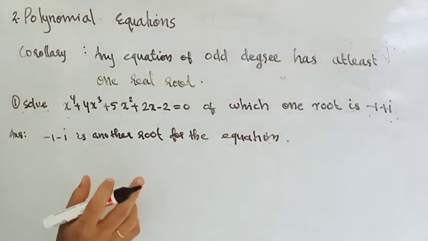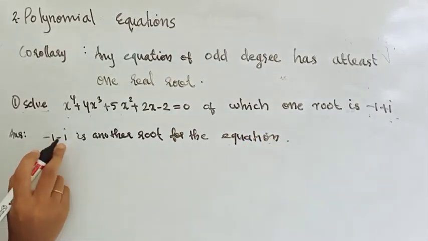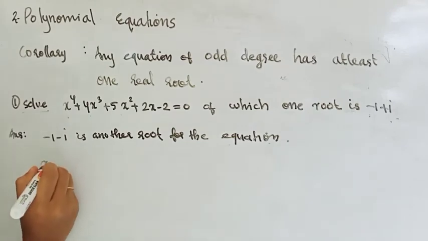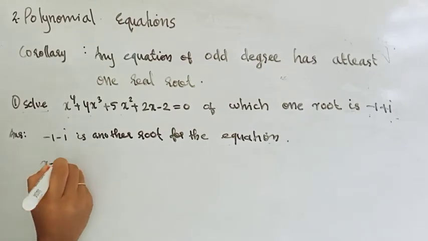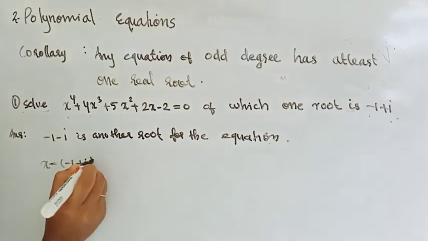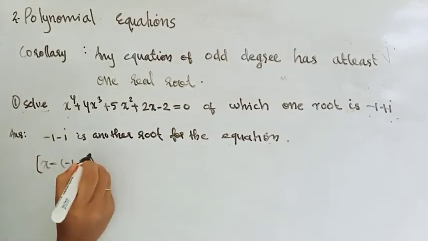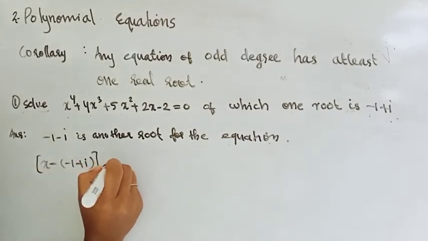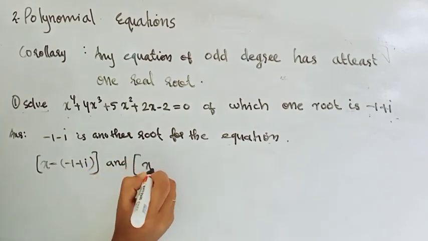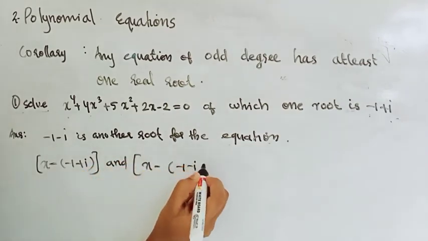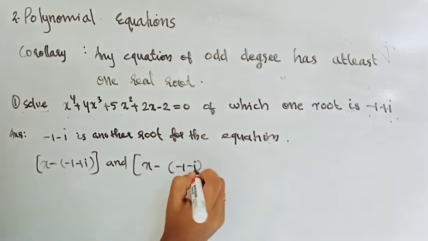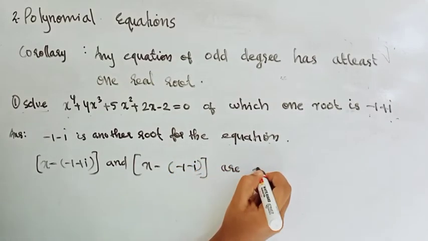Okay, if the roots are minus 1 plus i, minus 1 minus i, then we can say that x minus 1 plus i and x minus 1 minus i are the factors of the equation.